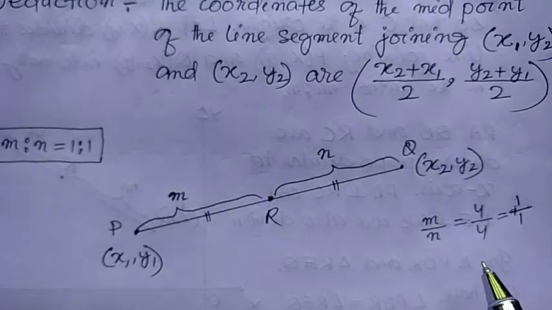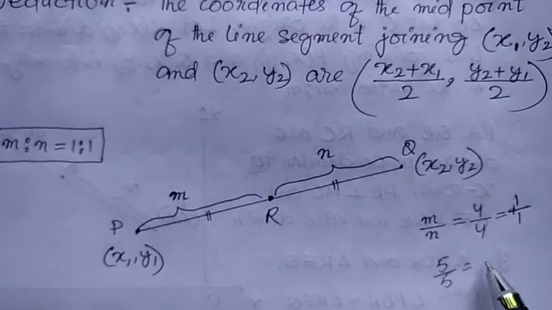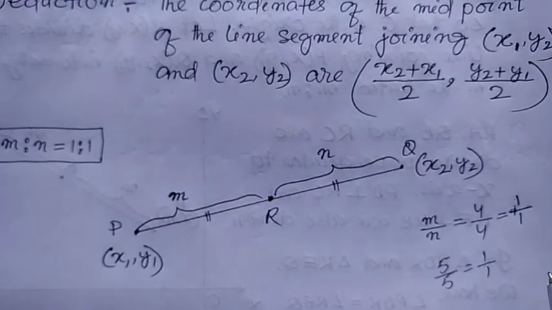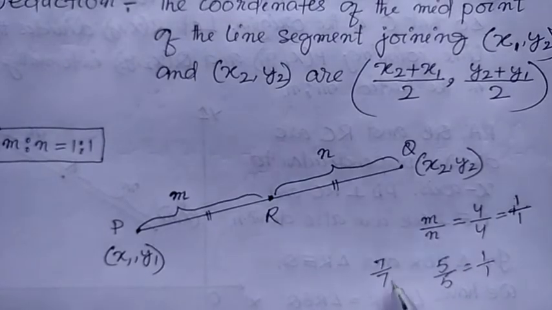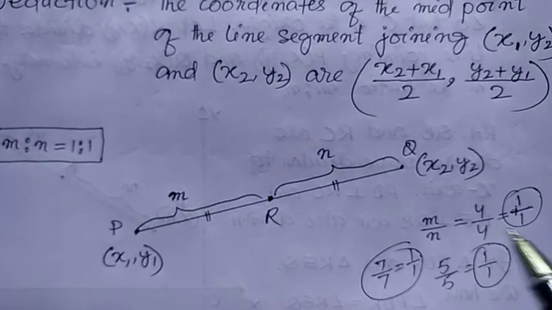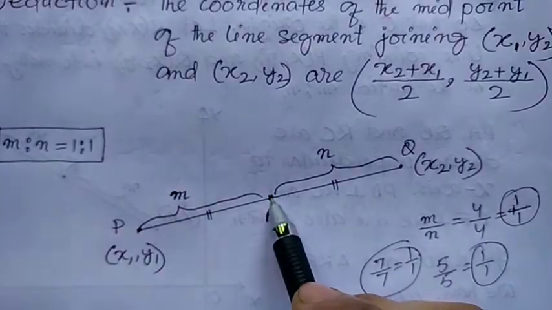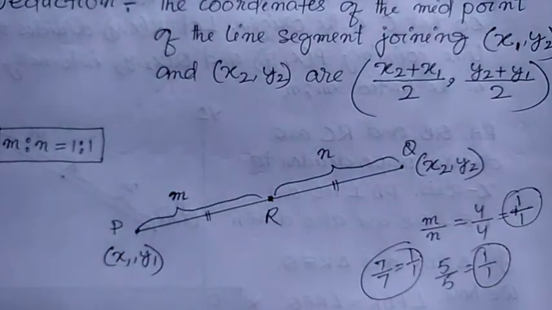Let's take another length: if m is 5, then n will also be 5, and again 1 by 1, which is 1:1. Or the lengths of m and n may be 7 and 7, and we again get 1 by 1. In all cases we get ratio 1:1 because R is the middle point. Now putting the values of m and n as 1, 1 in the section formula.